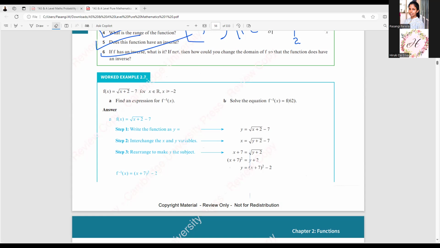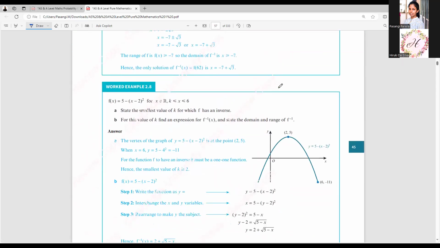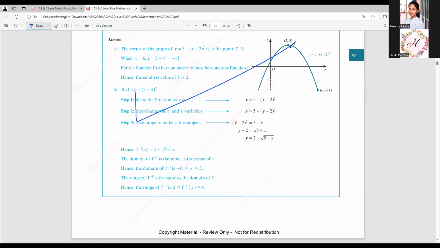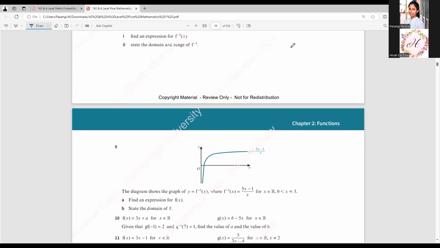Okay, teacher, that is done. Then 2.7 done. 2.8 also done. Then you can do this exercise 2C.